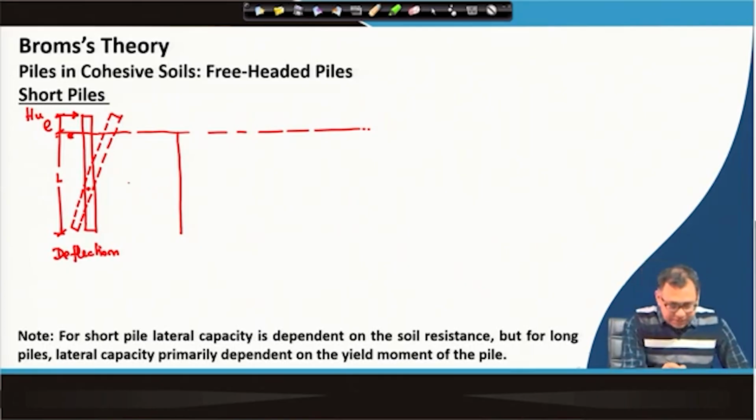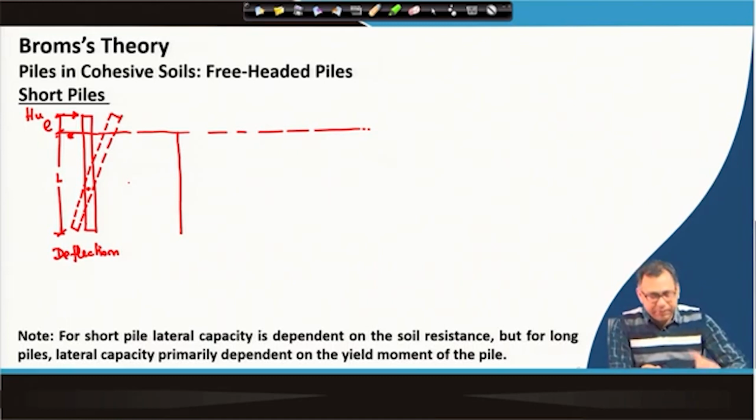So, you can see that the short pile in cohesive soil is rotating about a point within the pile. The upper portion of the pile is moving towards the soil, from left to right, so the upper portion will give passive resistance that acts from right to left.